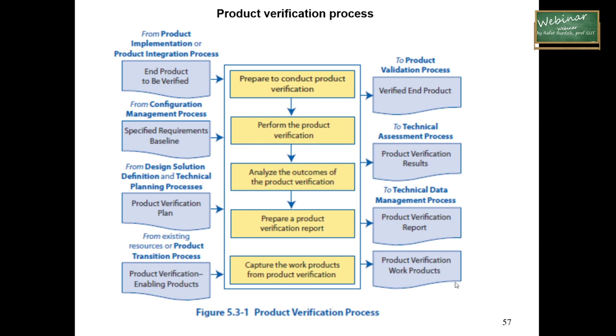So again, everything is about capturing the work product from product verification, based on the product verification enabled product, and as the result giving the product verification work product. So it is the verification process, and the next process is the validation process.